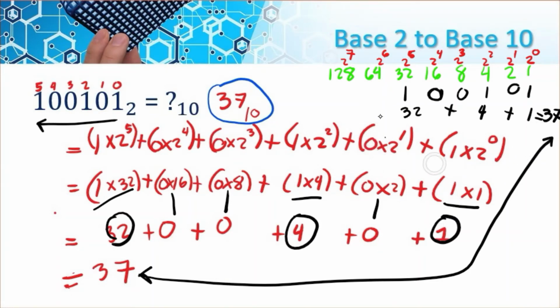Ato naman siya gi-shortcut daan diri. So kaning 1 times 2 to the power of 5 is equal to 1 times 32.